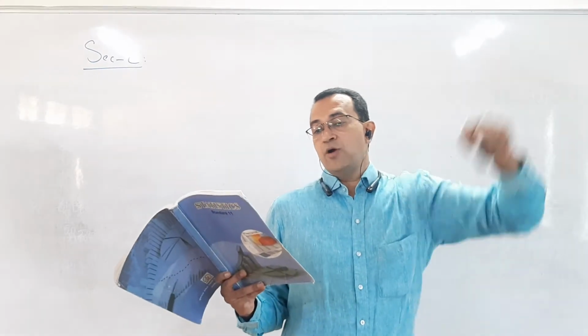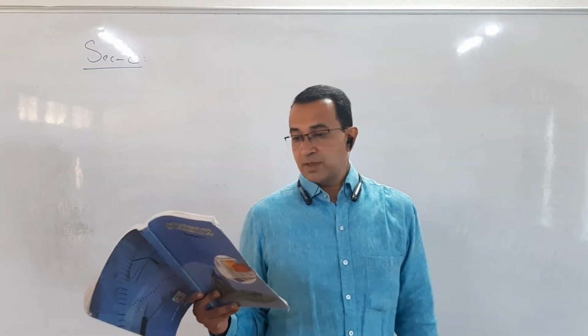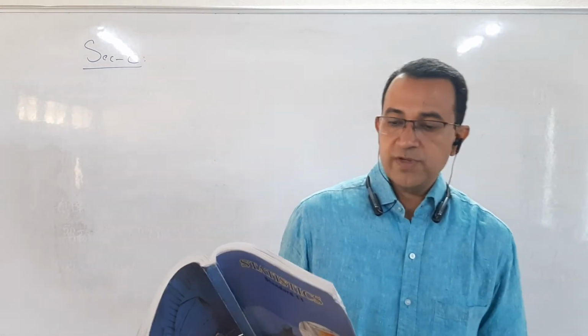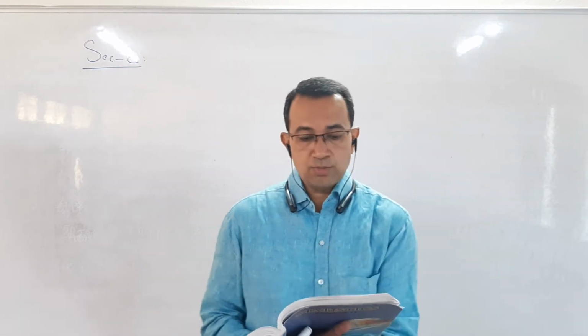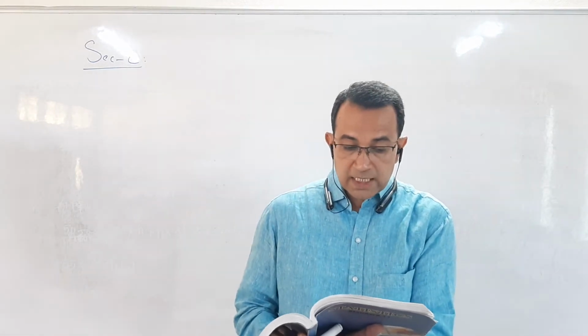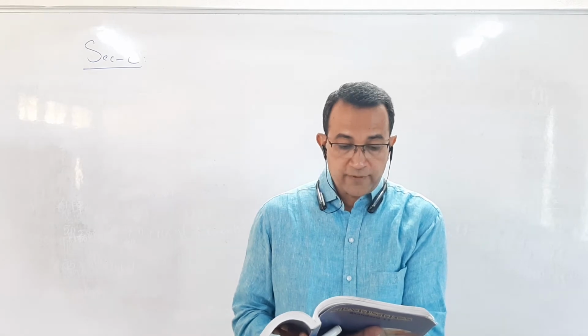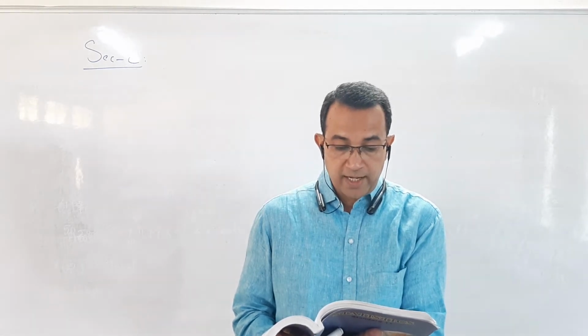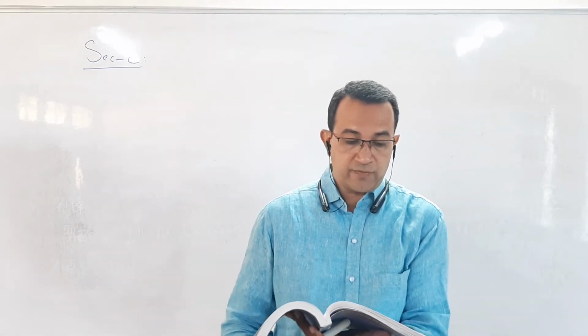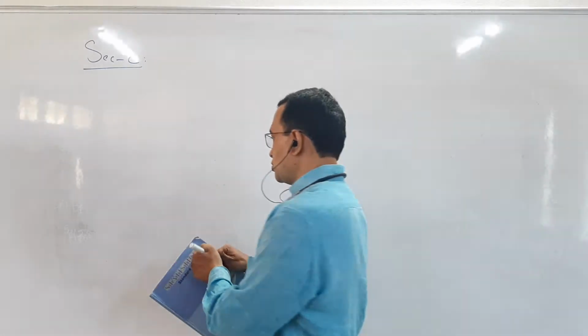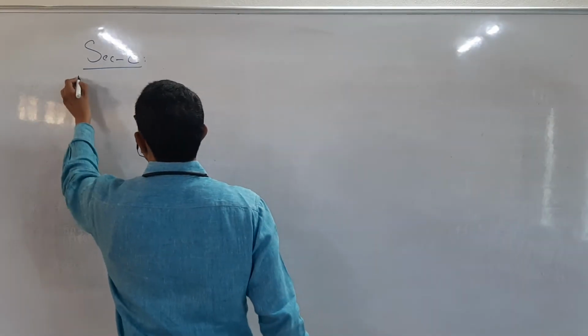Okay, students, now from sum number 7 we are calculating on the board. Mean and mode of a variable are 5.5 and 6.4.